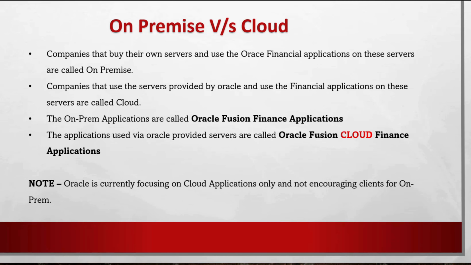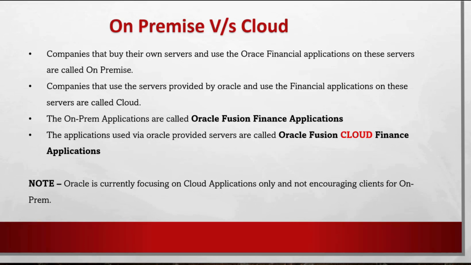Oracle is currently focusing only on cloud applications and not encouraging clients for on-prem. As of today, if you want to buy a subscription, Oracle will only provide cloud. It won't give you the on-prem application, which I have just explained.